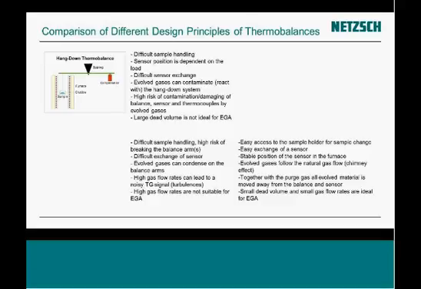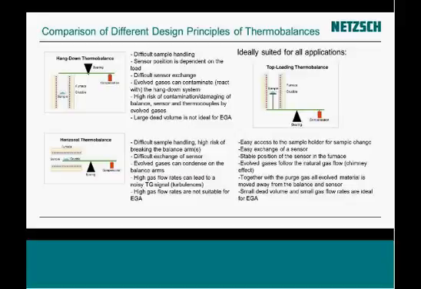Next I will talk about the comparison of the different design principles for thermal balances. In the market, there are majorly three types of design: the hang-down thermal balance, the horizontal thermal balance, and the top-loading thermal balance.